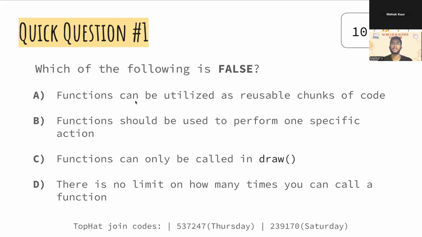And all the other ones, oh sorry. You can use functions anywhere you want. You can use them in the setup function, or even outside of the draw function to create a function. Sorry, that was confusing. But they're obviously reusable, we already talked about that. They can be used to perform one specific action.